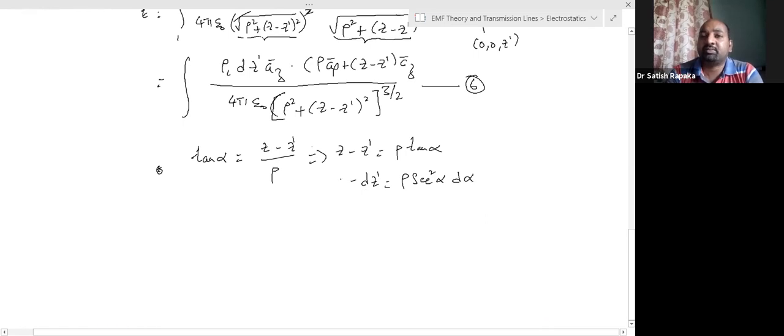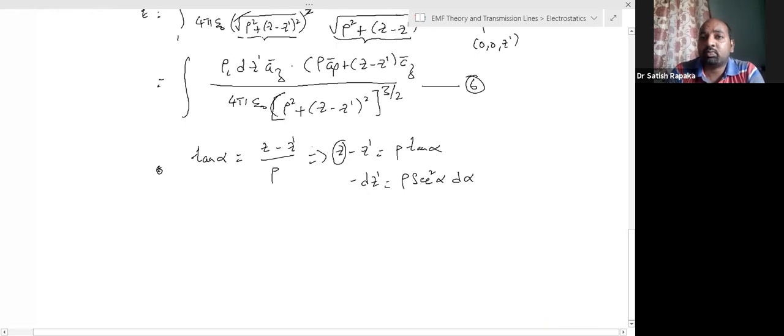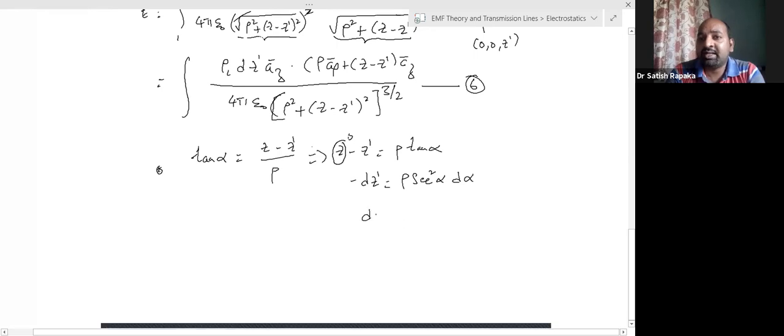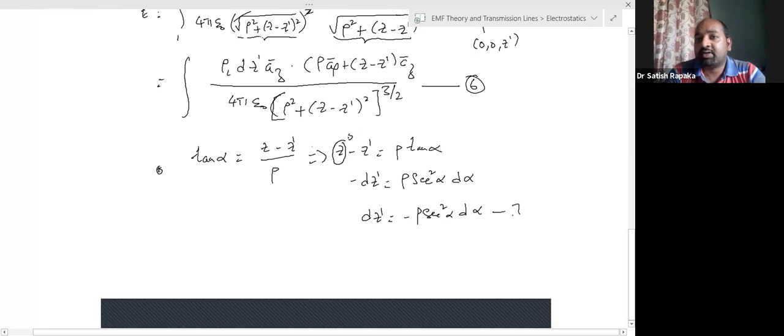Therefore, dz dash is equal to minus rho secant square alpha d alpha, and let us say this is equation 7.